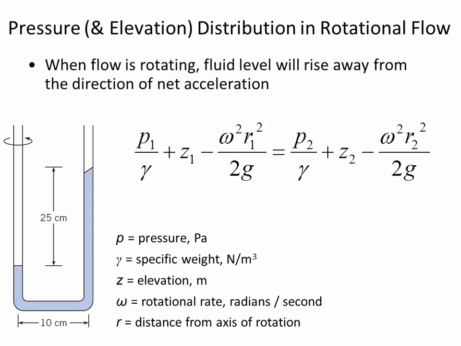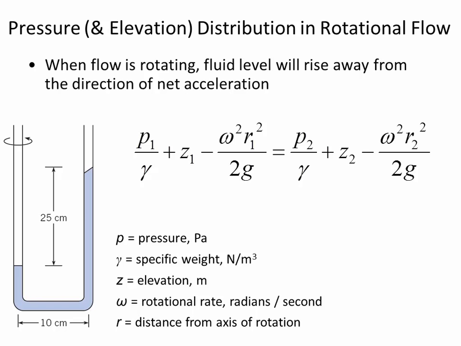Here is the equation that we're going to use in problems like this for rotational flow. What it says is that you can find out how either the pressure or the water elevation or both respond to an acceleration. And here the acceleration is because of the rotation. Omega is causing an acceleration.